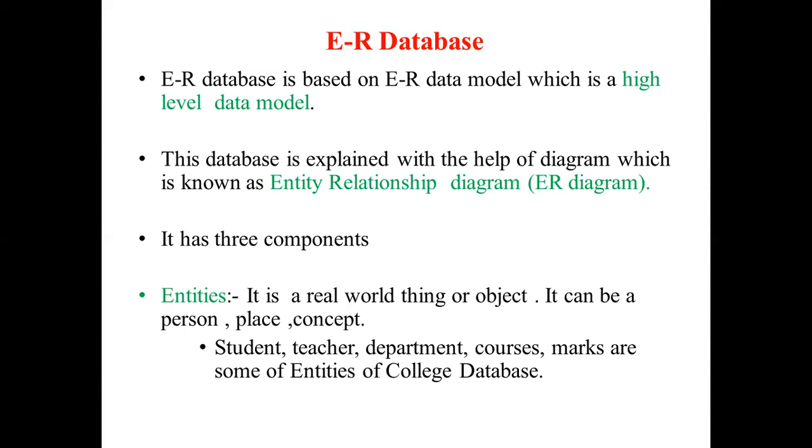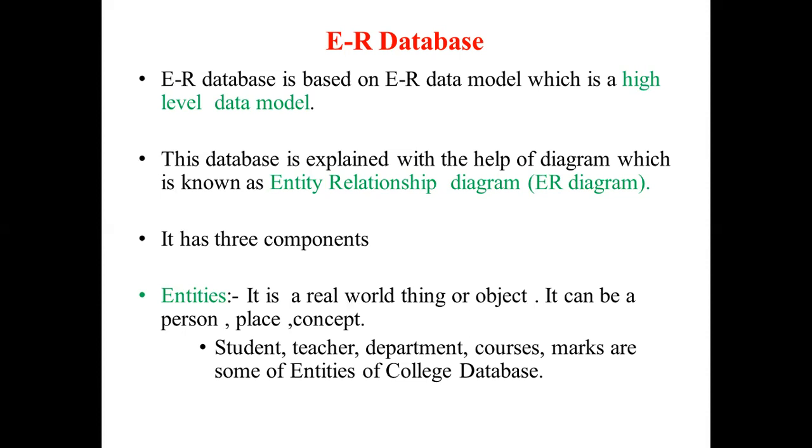This entity relationship diagram, or ER diagram, consists of mainly three components. First is the entity. What is an entity? It is any kind of real-world thing or object. It may be a person, place, or concept, whatever is present right now; that is called an entity.